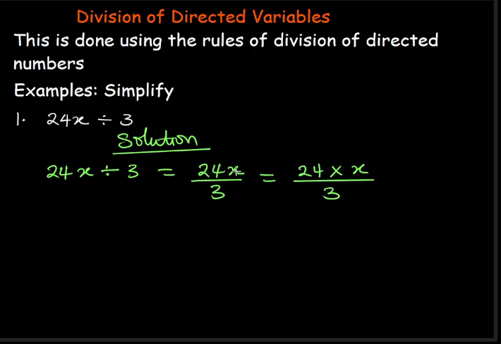Remember, 24x means 24 times x. So the numbers can divide themselves. 3 here, 1, and 3 here to give us 8. So the down part has become 1. So this will give us 8 times x, that will give us 8x all over 1, which is equal to 8x.